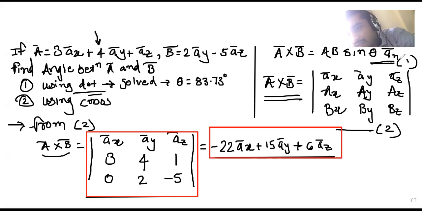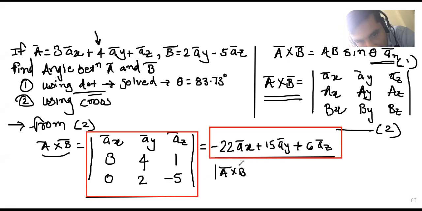See this equation number 1. In equation number 1, we have a direction on both sides, on this side as well as on this side. So equation 1 I can write in terms of magnitude only. Let's see how I can do that. On the left hand side of equation 1, I can write mod of A bar cross B bar.